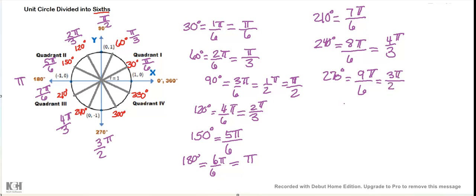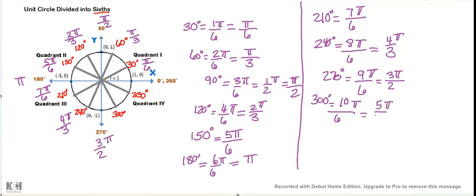All right. So as we're moving along, I'm going to put this line here. Going along, adding another 30 degrees is 300 degrees. Now we're up to 10 pi over 6, which reduces to 5 pi over 3.